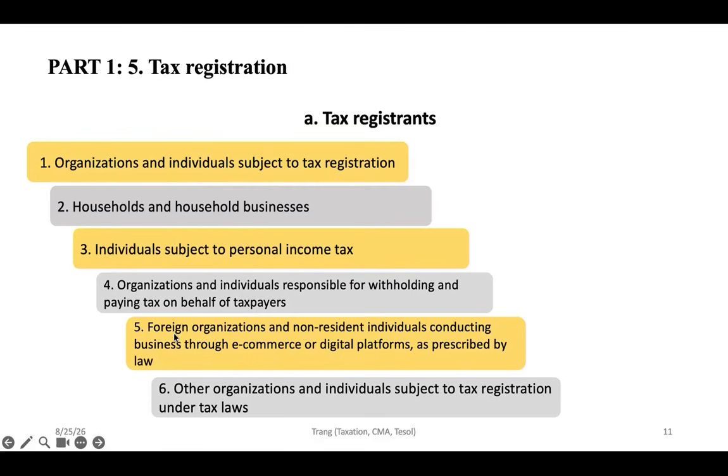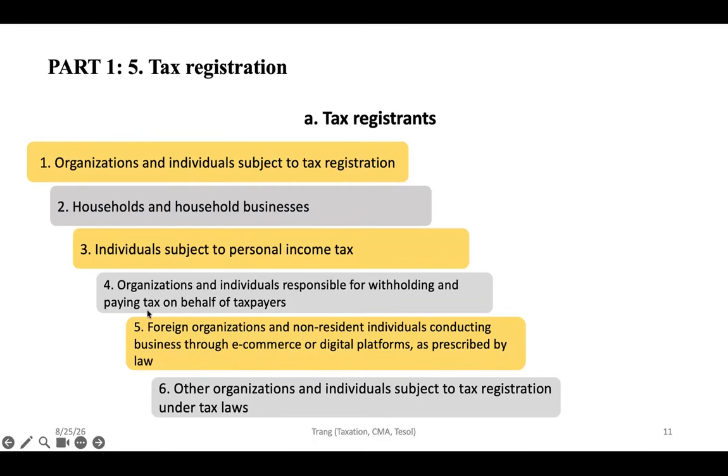Fifth, this is a very important group for international business: foreign organizations and non-resident individuals conducting business through e-commerce or digital platforms. If you are a foreign digital provider operating in the Vietnamese market, the law now strictly requires you to register for tax here.